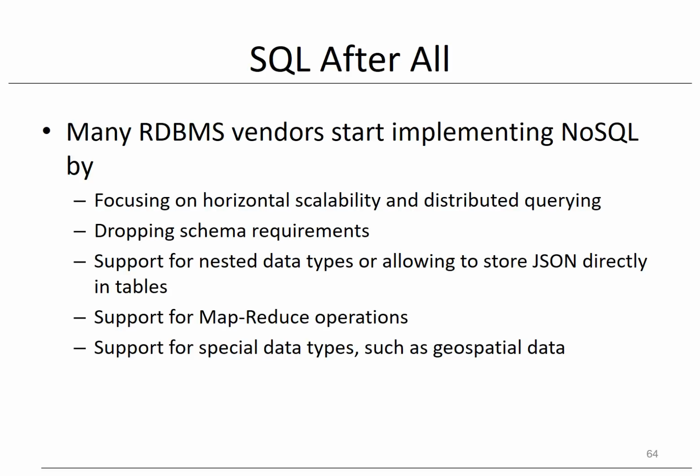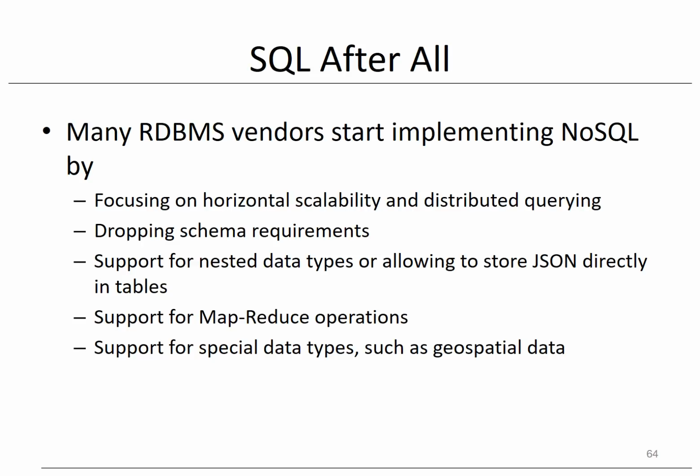The line between RDBMSs and NoSQL databases has become blurred over the years, and we see vendors of relational databases catching up and implementing some of the interesting aspects which made NoSQL databases and document stores especially popular in the first place.